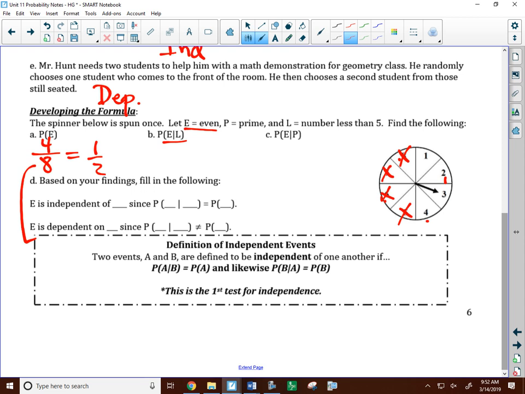We only have 1 to 4 to work with. Probability of getting an even number then: 2 of them, right? Our new sample space is only out of 4. There's only 4 numbers left, and so that's also reduced to 1/2.